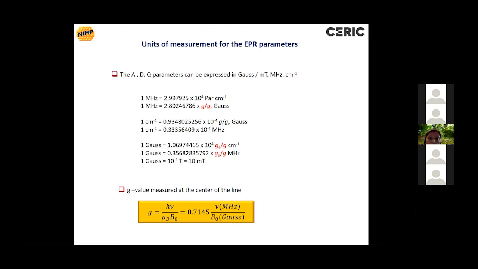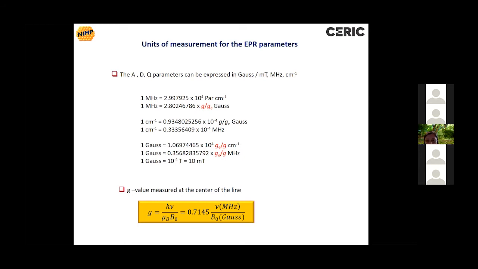So when you transform to and from the magnetic field units, you have to consider also the ratio between the actual g value of your system and the free electron g value. And at the bottom of the page, this is the main formula that you use when analyzing an EPR spectrum.